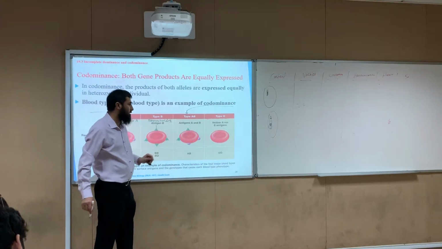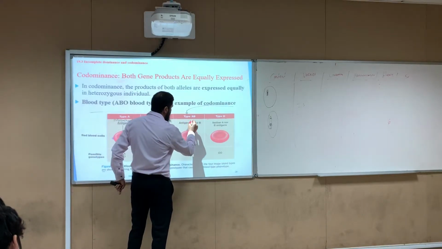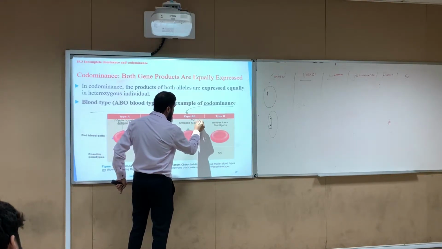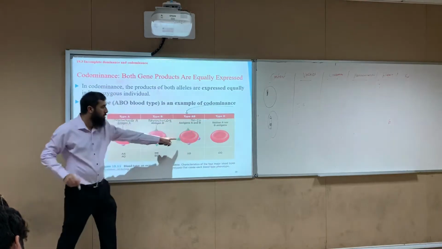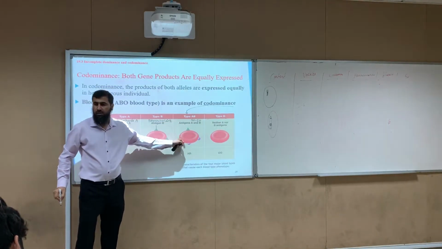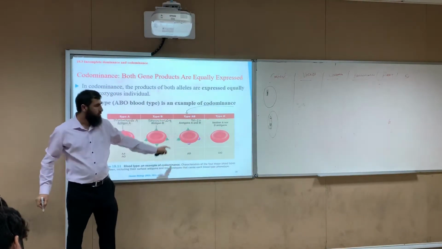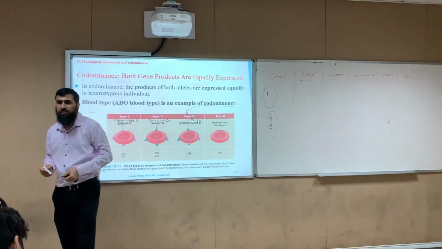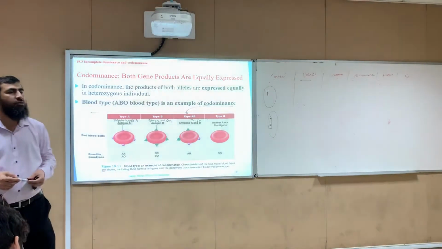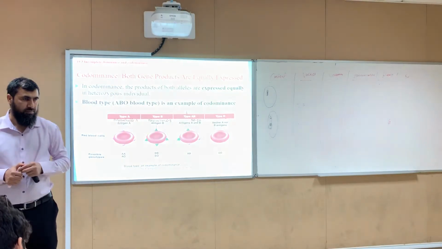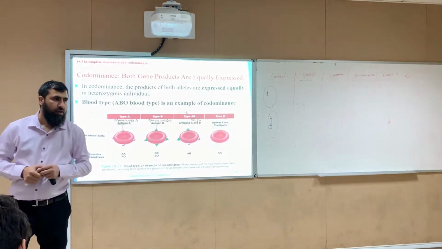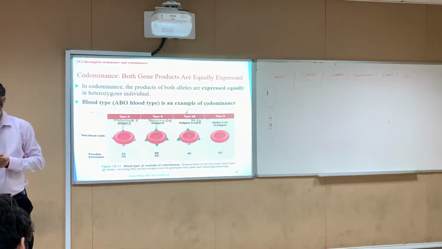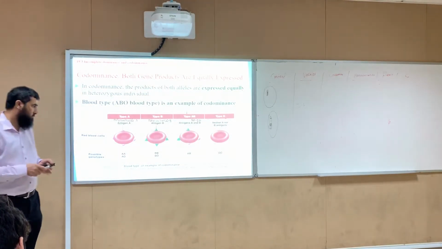So 50-50 ratio of A and B on the surface of the red blood cells. This is codominance. It means that they're both equally expressed, okay? So codominance is when both of them are equally expressed.